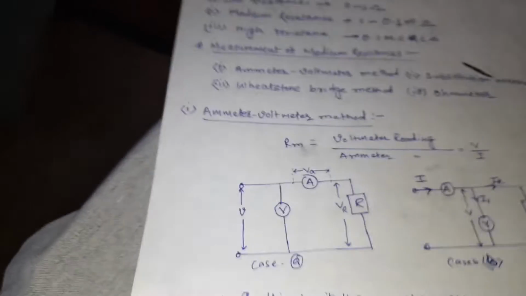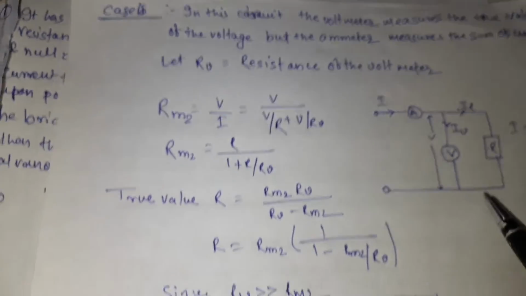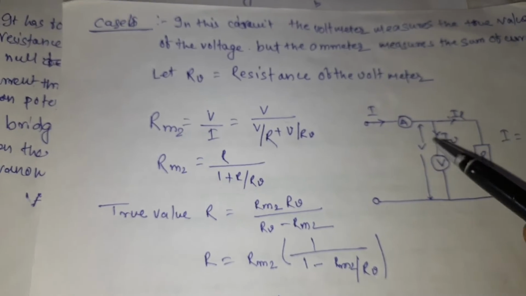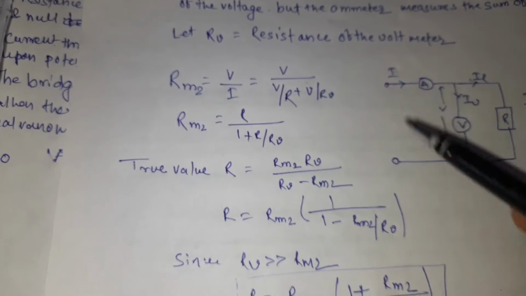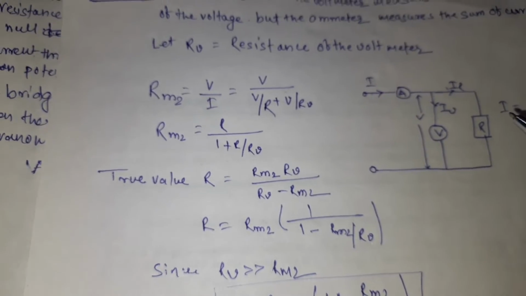Case 2. In case 2, we first connect the voltmeter and then the ammeter. In this case, the voltmeter reads the actual voltage drop across the resistance, but the ammeter cannot read the true value of current.